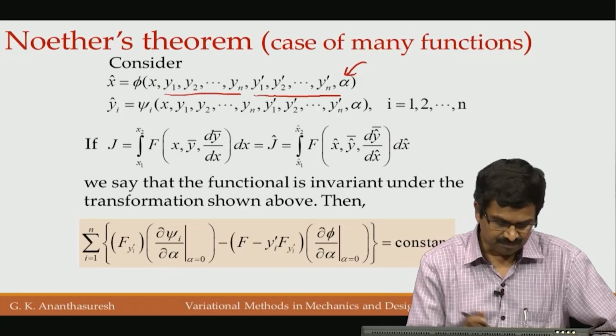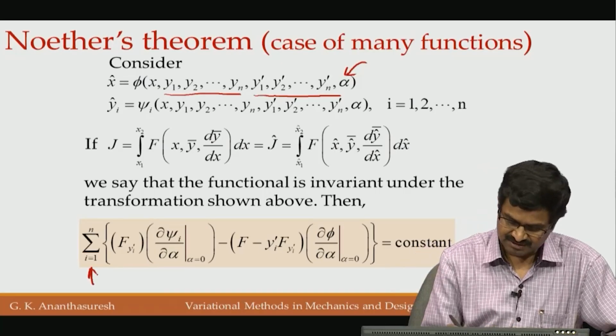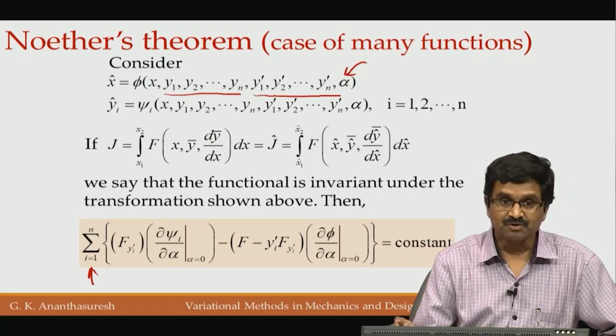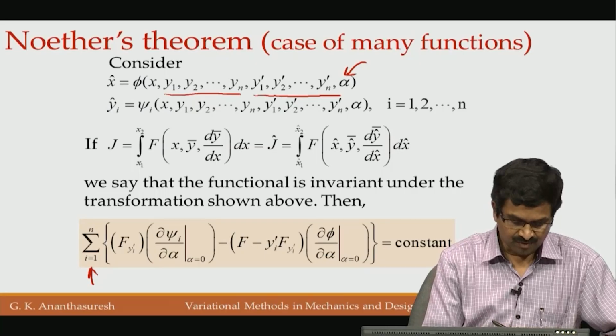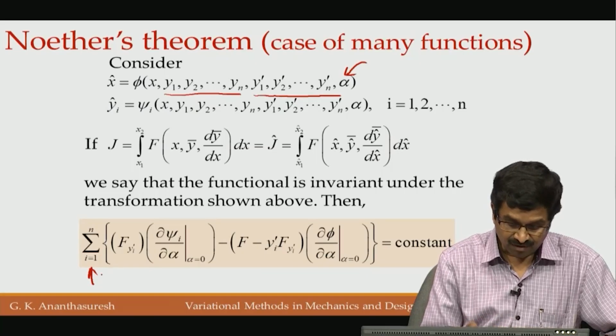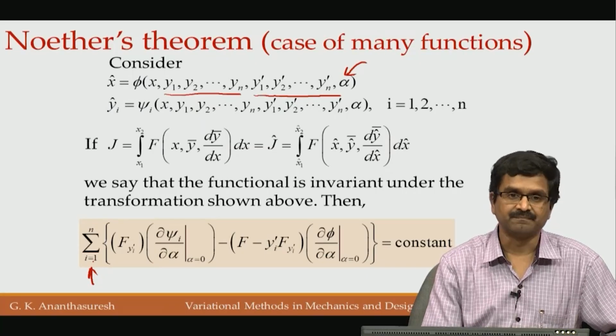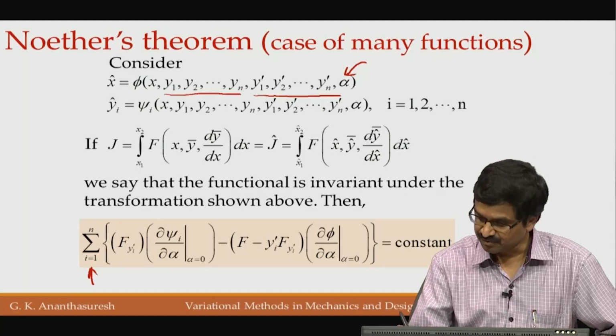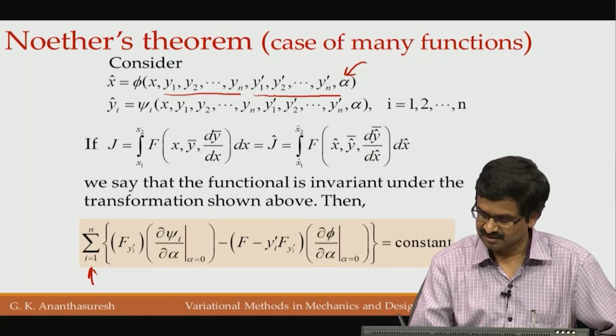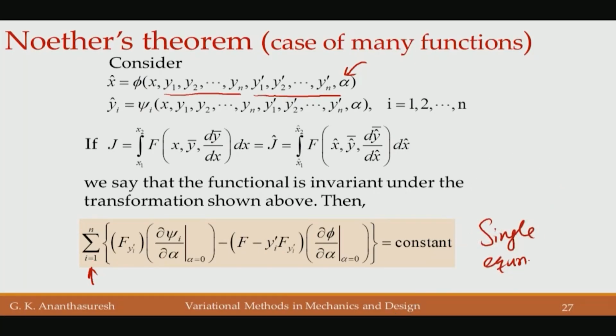Then basically what changes in Noether's theorem is this summation. Whatever we said is constant, now we have to do that for all functions that are there, 1 to n, still a single equation. You have to sum over all things, that is coupling. So, you have many functions, then this is true.